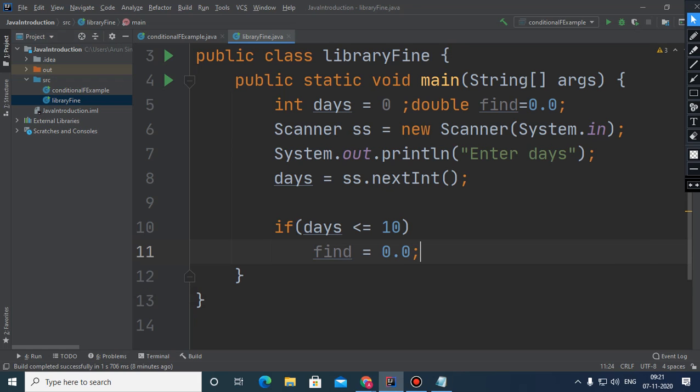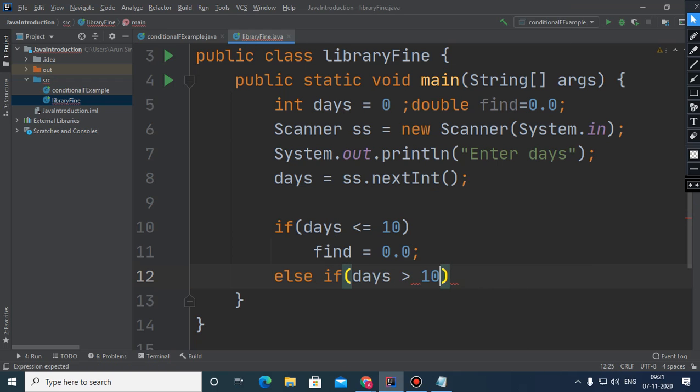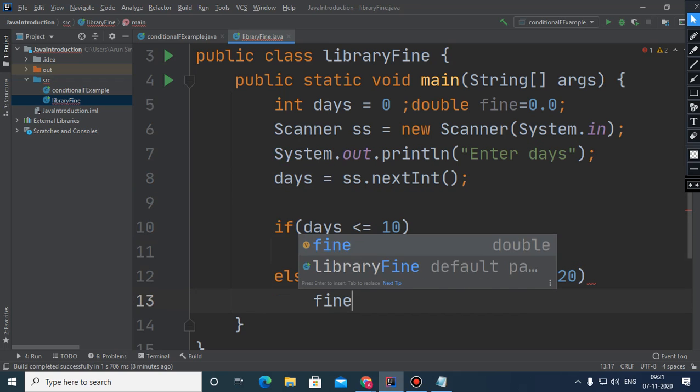And now else if days are more than 10 and days are less than or equals to 20, then here it is fine. So fine will be what?